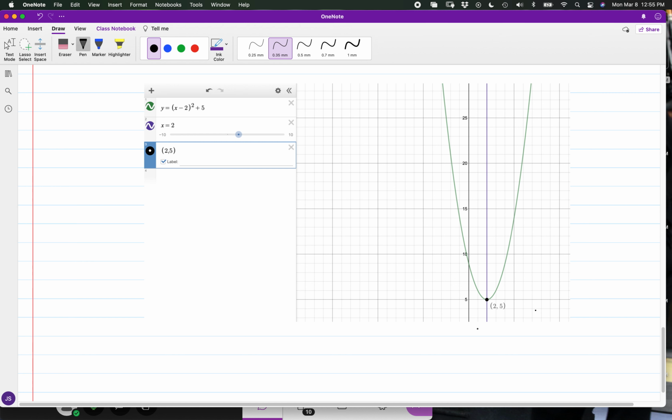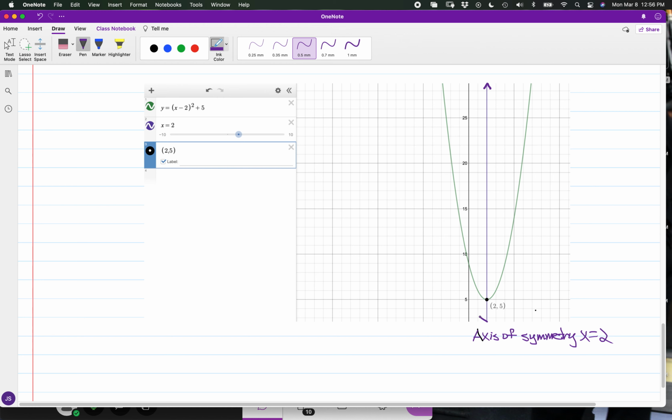This is what we have with x is equal to 2. So this is your axis of symmetry.